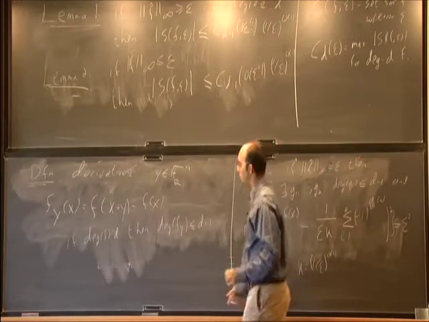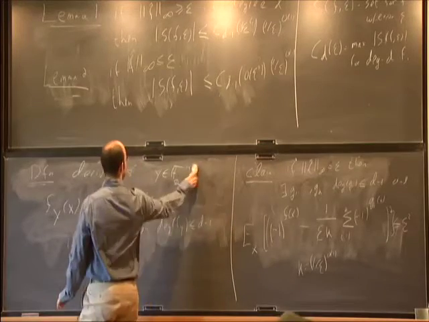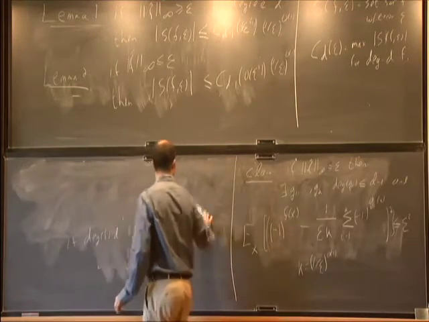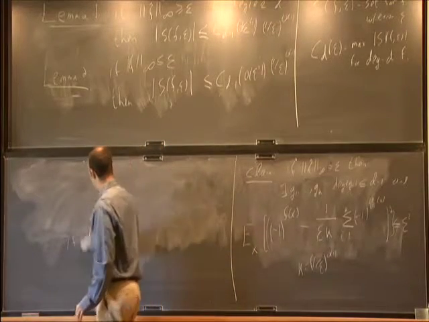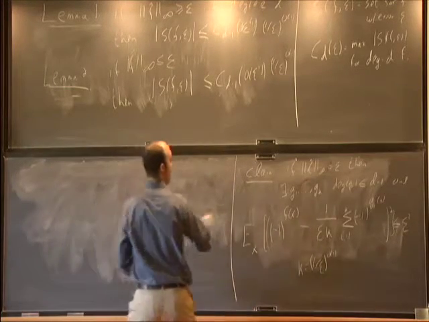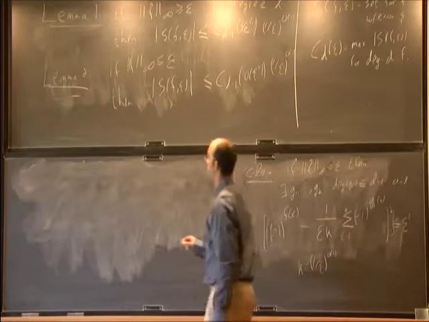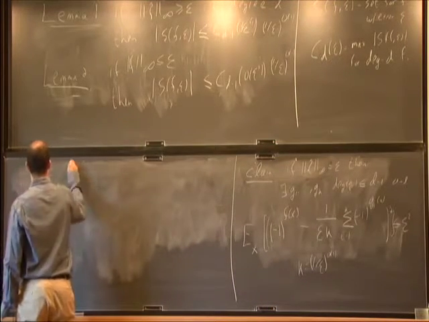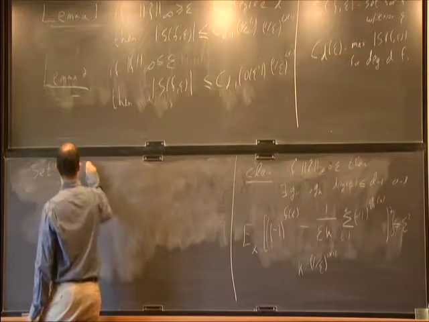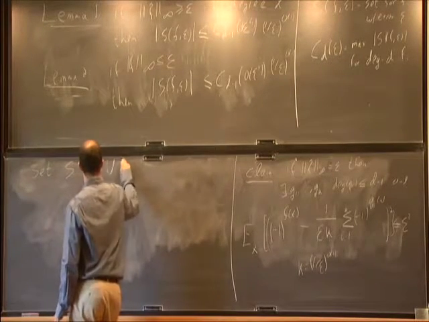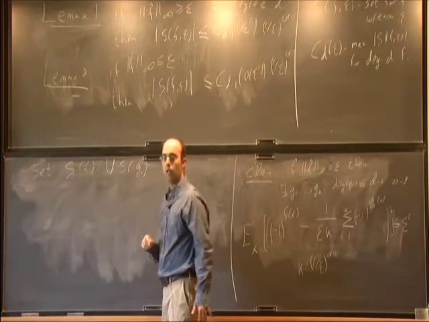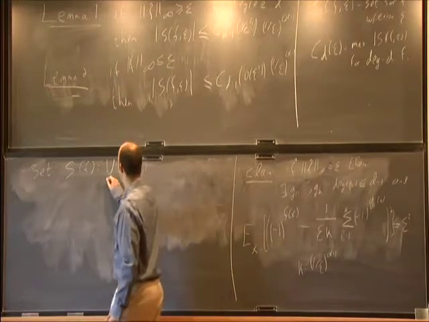So let's do it here. Okay, so what do you say? So now we have this claim, and just set S for F to just be the union of those sets S for g_i, for i going from 1 to k.